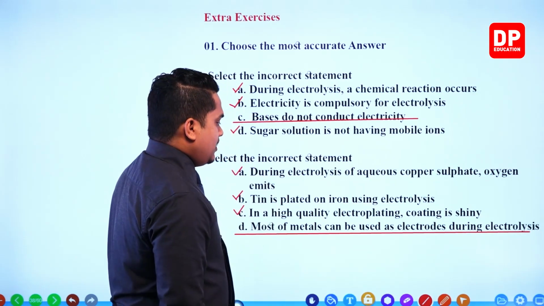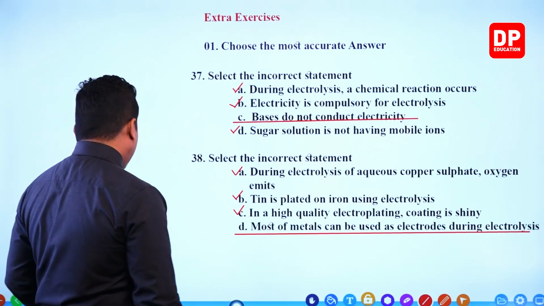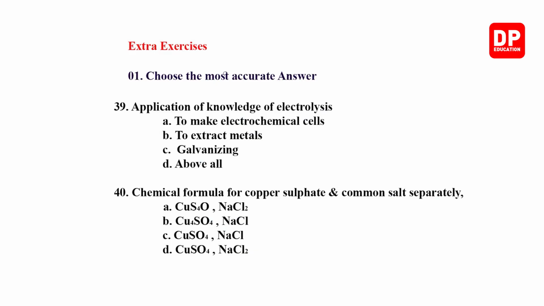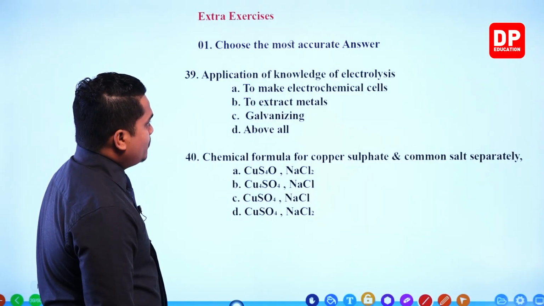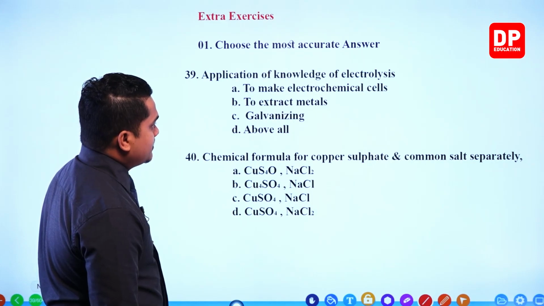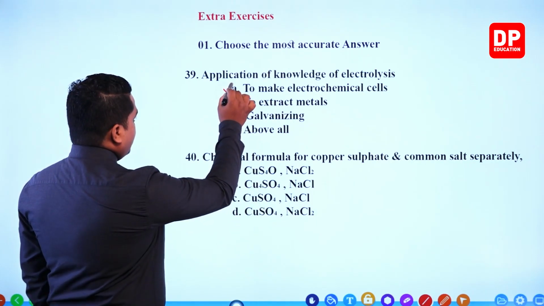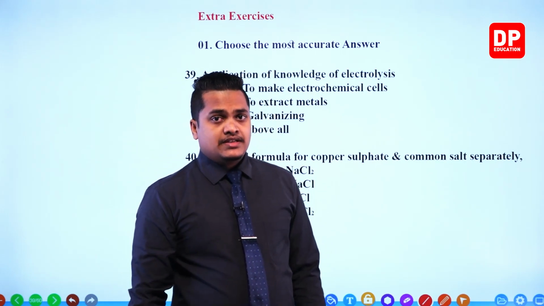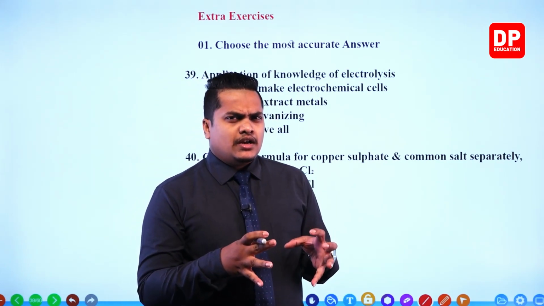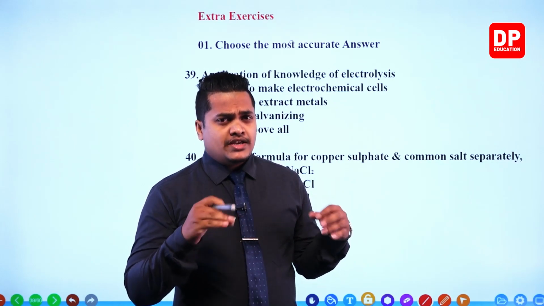Then the next one, application of knowledge of electrolysis. First one, to make electrochemical cells. Of course, to select the metals which are important for electrochemical cells, we use the knowledge of electrolysis.